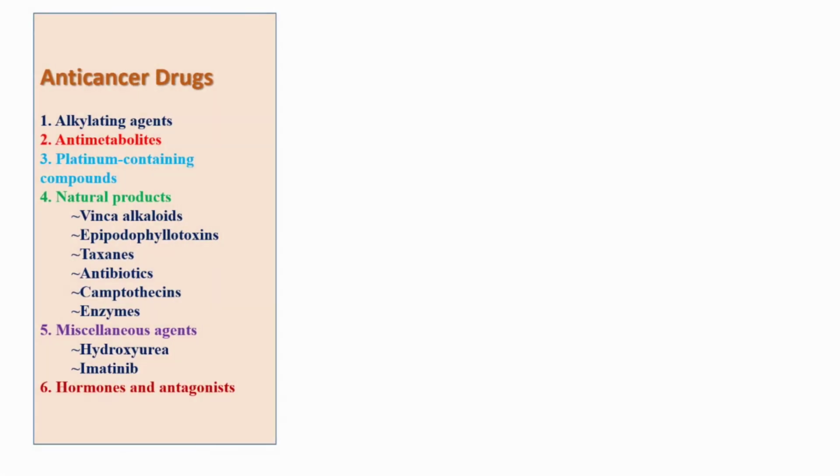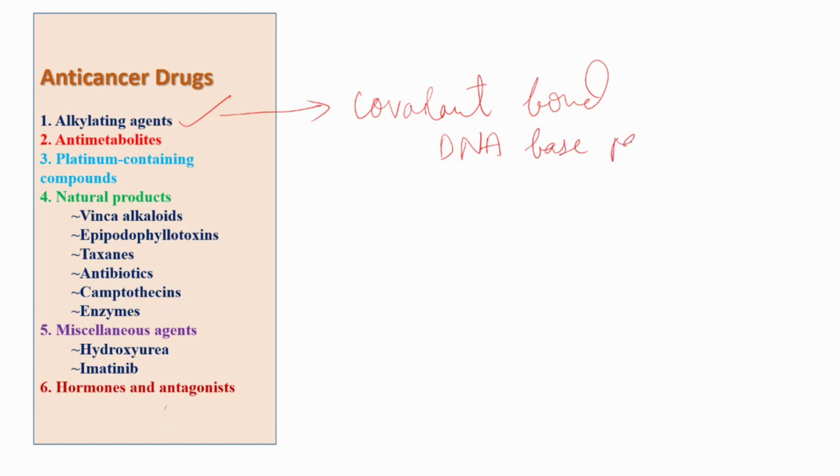In anti-cancer drugs, there are majorly six classes, starting with alkylating agents. These alkylating agents form covalent bonds with the DNA base pairs, causing alkylation, and with that they inhibit DNA replication and cause cell death.